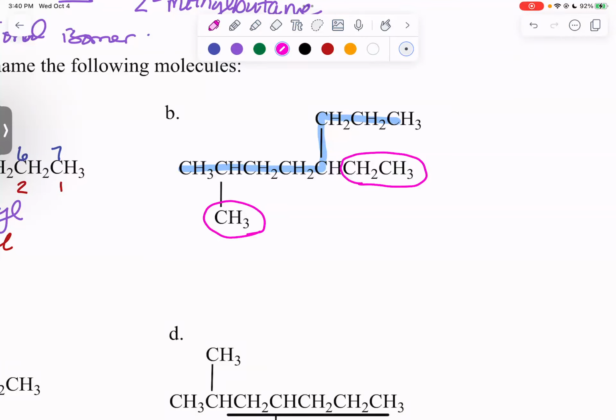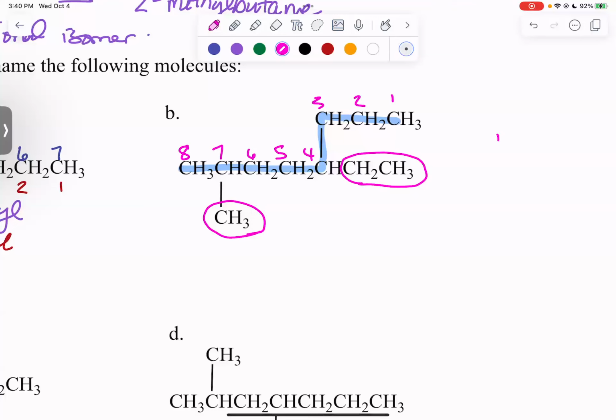So now my question is, which direction do I want to come in counting? Do I want to come in from the left or come in from the right? I can see that my methyl is going to have a smaller number if I start from the left, because if I started from the right, I'd go 1, 2, 3. I wouldn't have a substituent until 4, and then 5, 6, 7, 8.